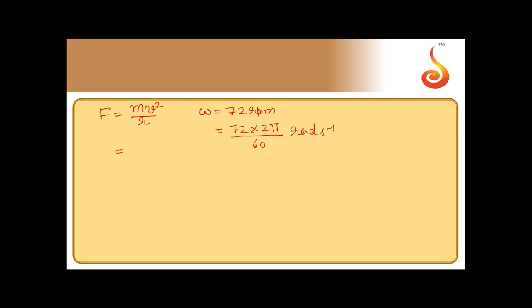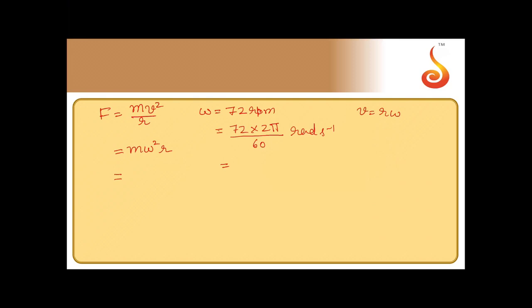We know that v is equal to r omega. Substituting that here, we get m omega square r. Now omega is this much, substitute for this, so you can simplify it if you want.